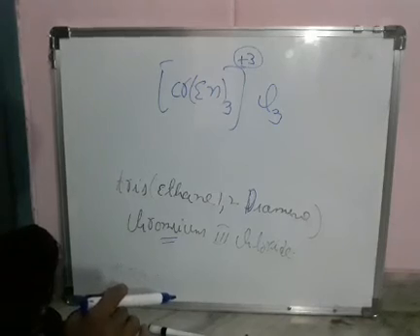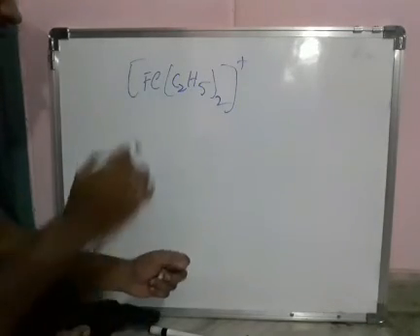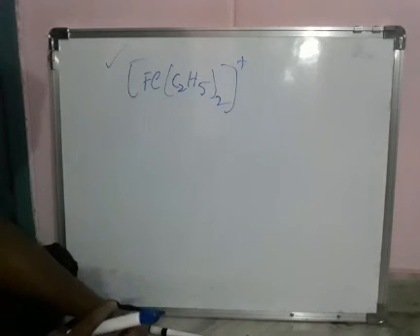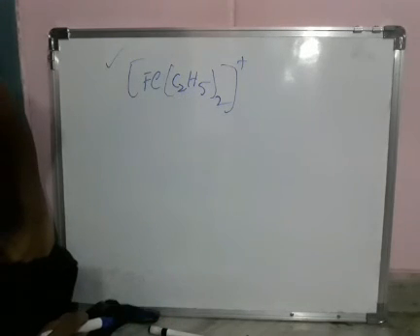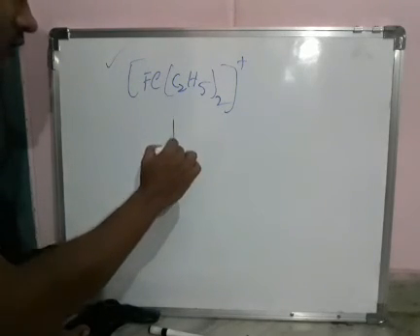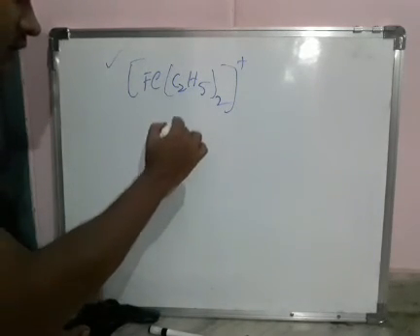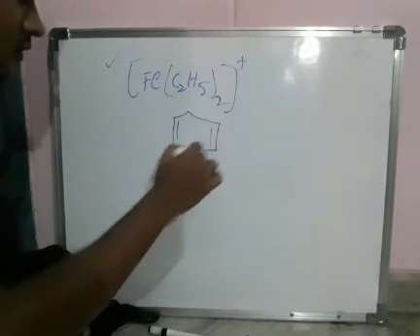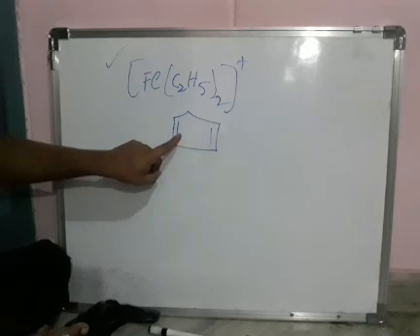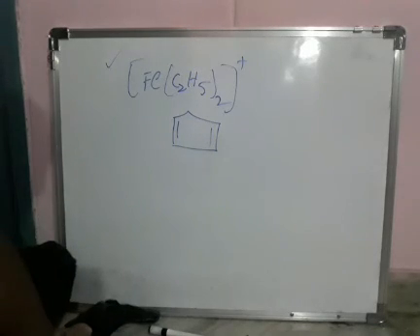Okay, now the IUPAC name of this given formula we have to write. Here this is C5H5 twice, C5H5 is called cyclopentadienyl, so it should be mentioned like this: cyclopentadienyl. Here two double bonds are there, so it is called dienyl.